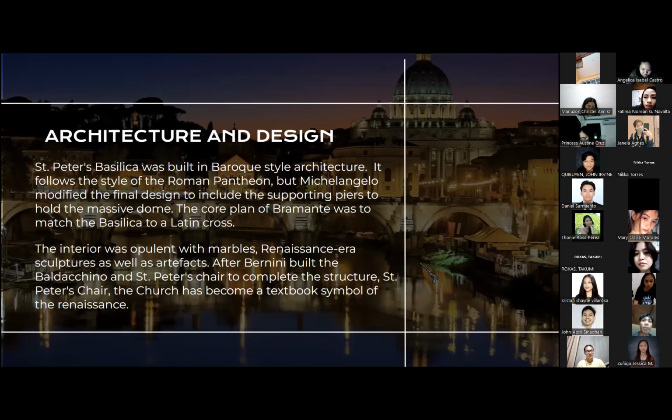May nakita ko po dun sa slide po ni ma'am, meron po dun. And dalawa lang po yung na-search ko. Ito yung pa-square at yung pahaba po. Kasi po, kung mapapansin po natin dun po sa plan, pa-cross po yung plan nito. And yun po yung tinatawag nating Latin cross. Para po namamatch po siya sa Basilica to a Latin cross po.